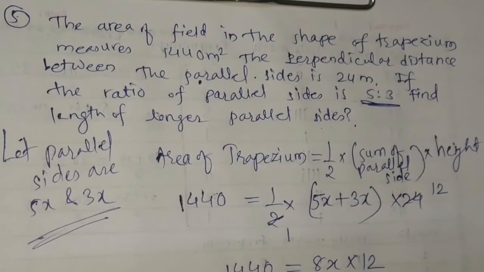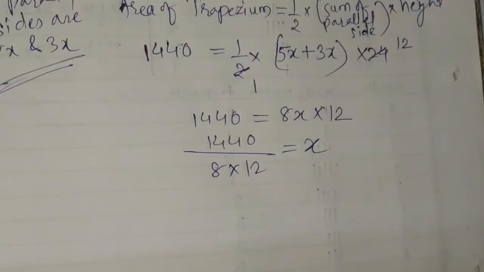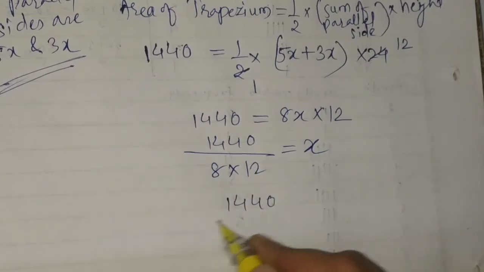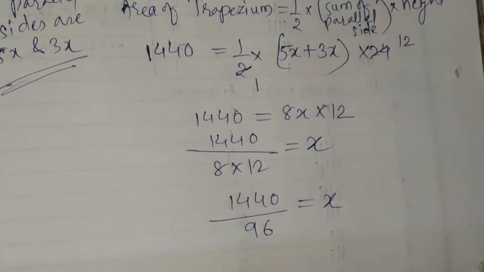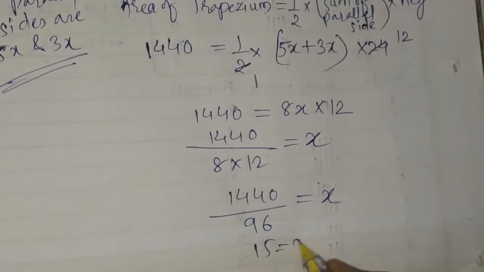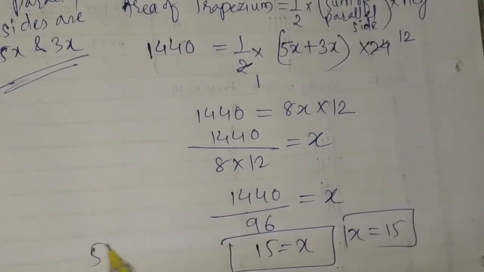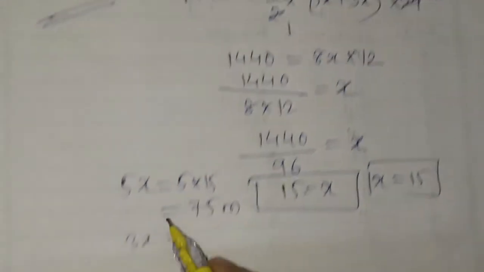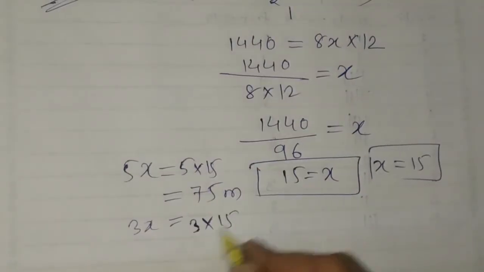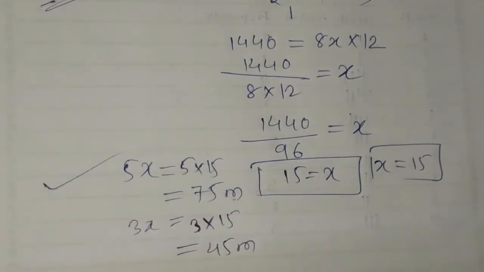So 8 into 12 is equal to 1440 divided by 96 is equal to x. So we'll get x is equal to 15. So 5x is equal to 5 into 15, which is 75 meters, and 3x is equal to 3 into 15. Therefore the longer side is 75 meters.